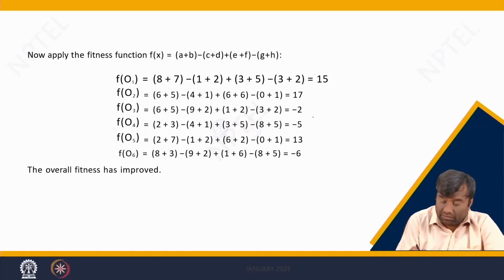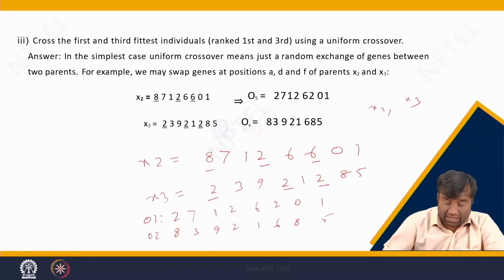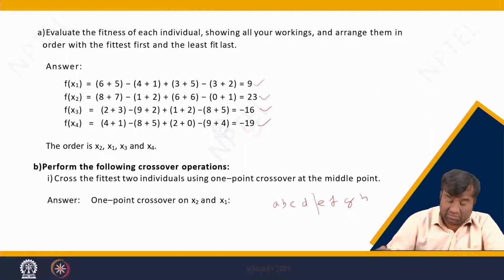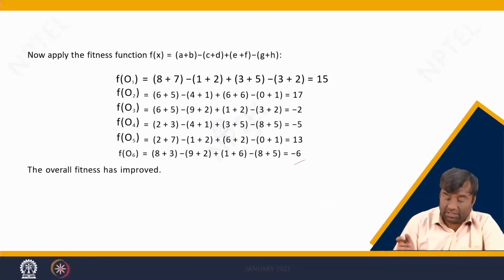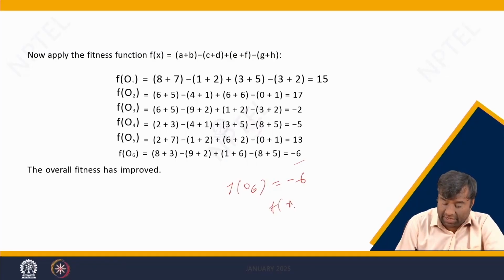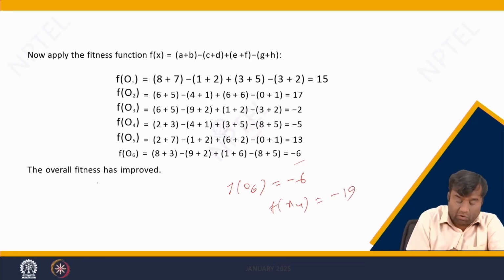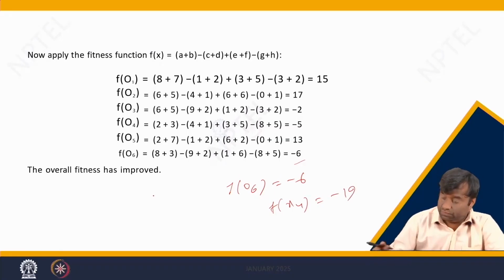So here the minimum value is minus 6, and in the earlier case the minimum value was minus 19. So you can say the overall fitness has improved.